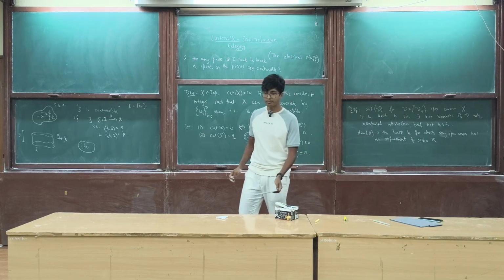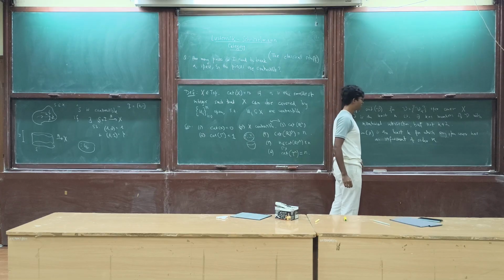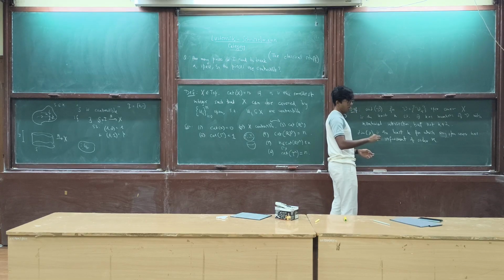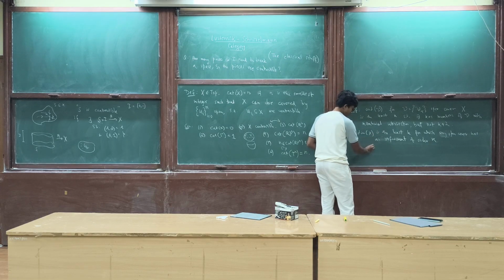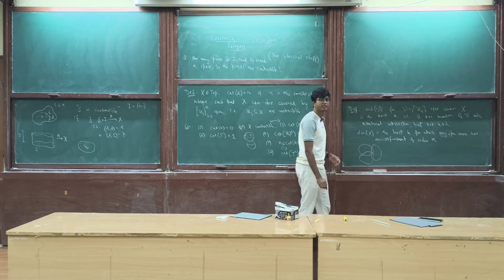Lots of words here, but basically what I want you to keep in mind is that in R2, if you want to cover R2 by open sets, you cannot avoid having at least 3 open sets intersect.